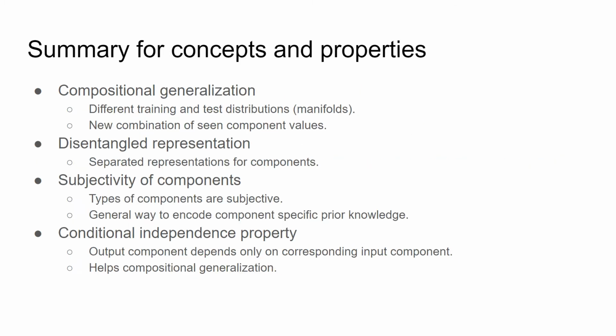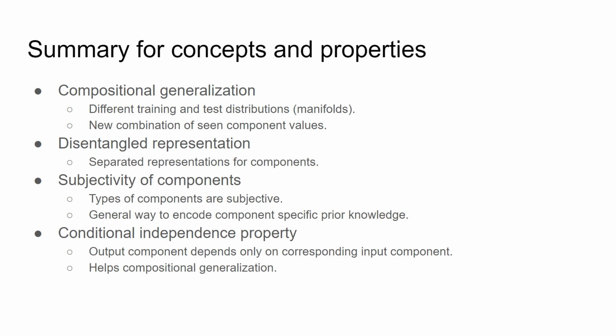We summarized the concepts and the properties. We discussed compositional generalization. It has different training and test distributions or manifolds. It requires new combination of component values. We also discussed disentangled representation. It has separated representations for components.